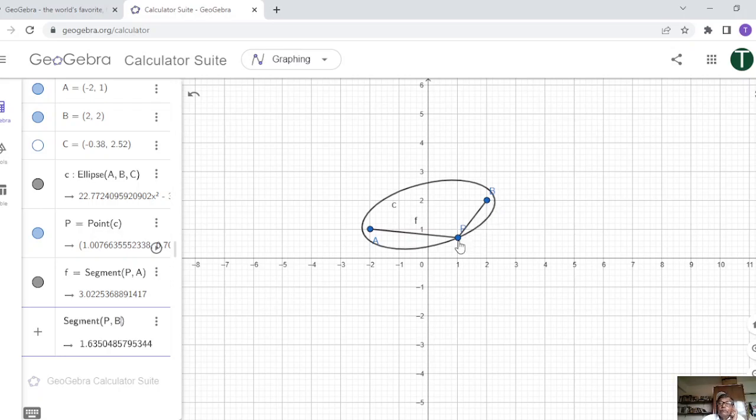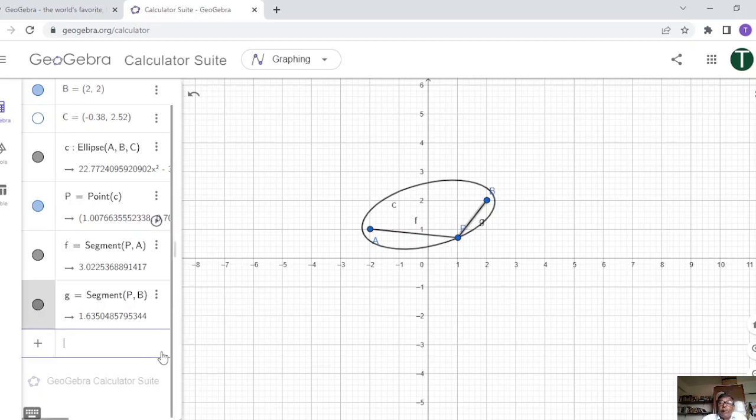So any point I have taken P on the ellipse, and I have joined these two foci of this ellipse with it. Okay, this we have done.